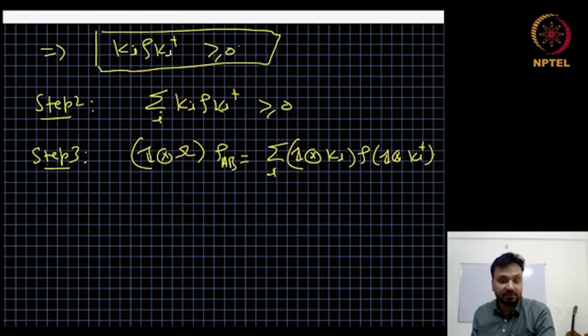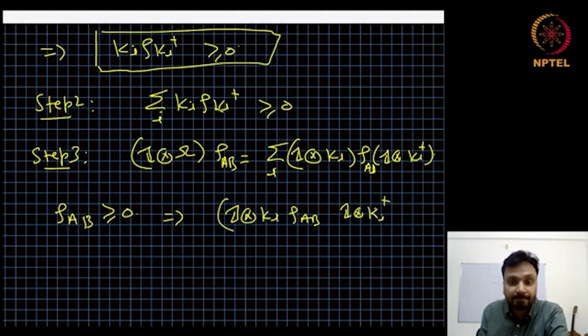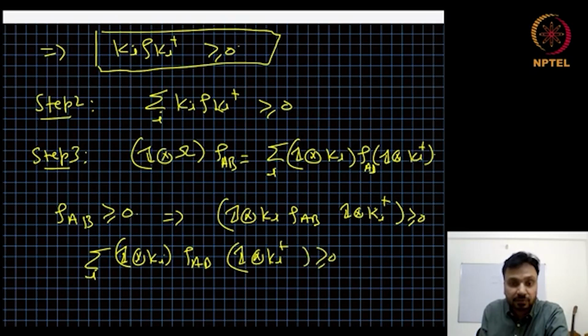This is the definition of the map omega and the partial implementation of it. So if rho AB is a positive operator, so is identity tensor K_i rho AB identity tensor K_i dagger, and hence sum over i identity tensor K_i rho AB identity tensor K_i dagger is positive.